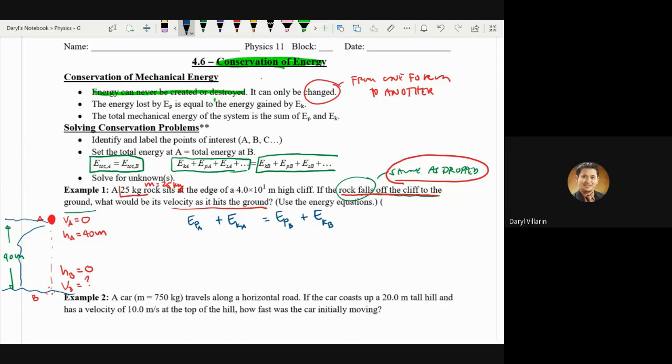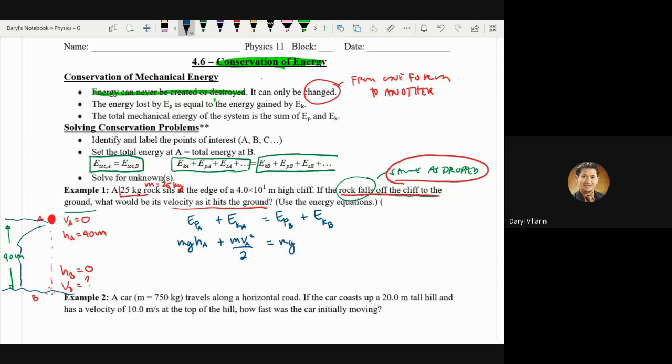So potential energy at A would be mgHA. That's the expression for potential energy. Plus, what's the expression for kinetic energy? Well, it's given as mvA squared divided by 2. So v sub A, again, we're talking about point A here. And what would be the potential at B?